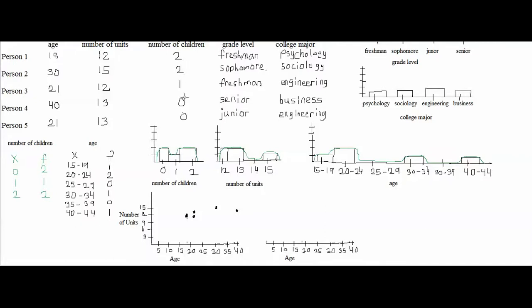And notice how number of children only has 3 values. I mean, it only has 3 different numbers inside of our data set. It only has 0, 1, and 2, which means that we're only going to have 3 tick marks. We could have more tick marks if we wanted to make decimals, like 0.5, 1, 1.5, but we'll just use the whole numbers. Let's make 0 right here, and then this would be 1, and this would be 2.